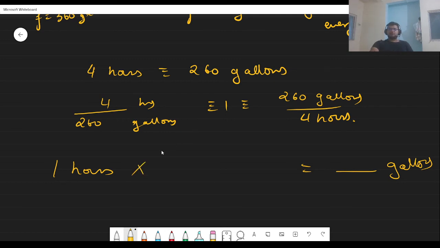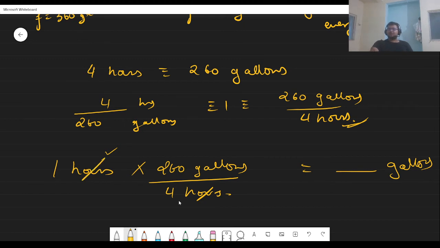Hours is in the numerator, so we will use this ratio: 260 gallons divided by 4 hours. Now I can do some basic math. See, hours and hours get cancelled, right? 4 divided by 4, 260 divided by 4 is 65.